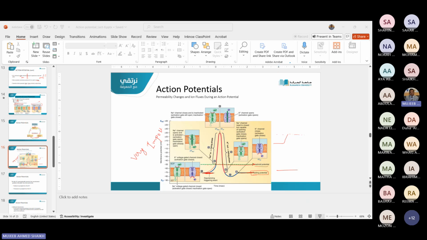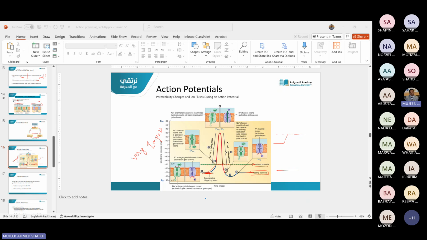Outward movement of potassium is also known as efflux, or exit of potassium. The potassium is going out, and that's why the membrane which was positive is now going towards the negative.